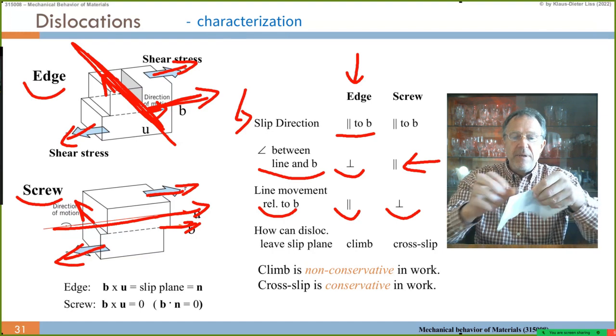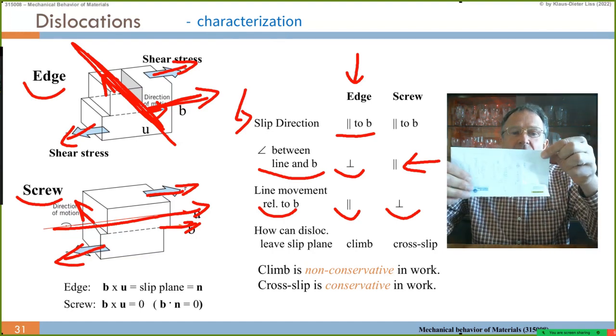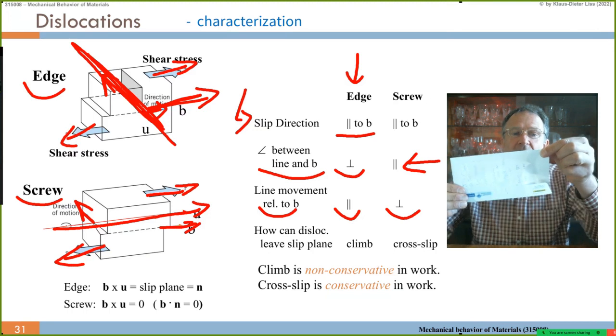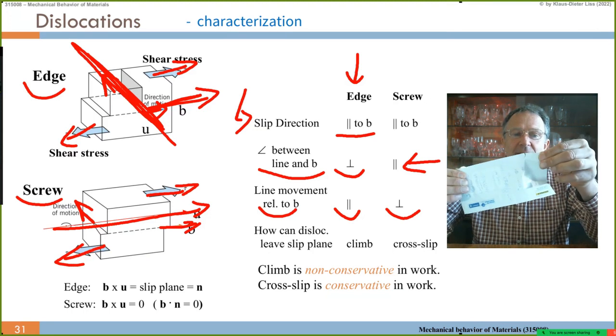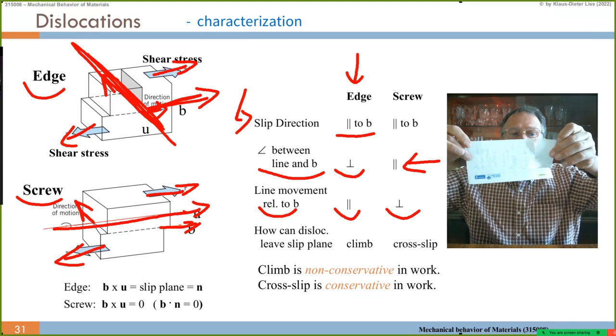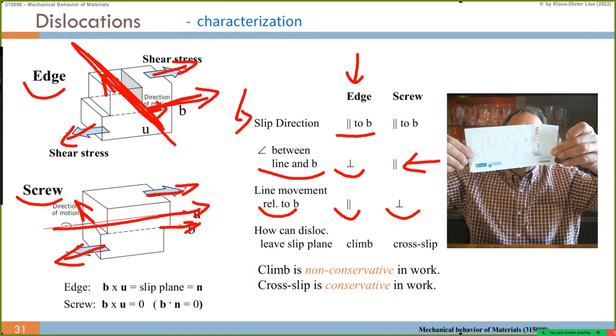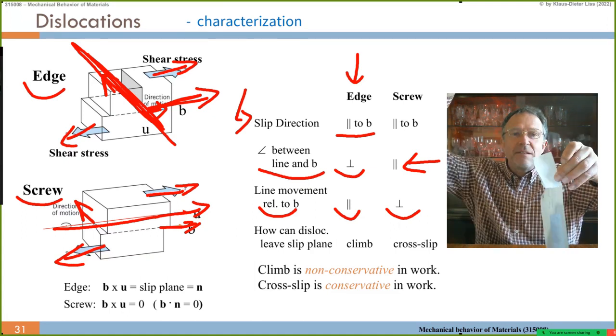So this is a piece of paper. You see the piece of paper? I apply a shear stress, and there is this propagation. I pull in the horizontal direction, but you see there the propagation is down.